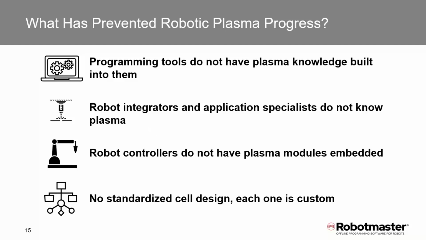When you bring the controller up, you can easily find a module for welding or polishing, yet cutting isn't there. And then lastly, because the tools aren't there, every application tends to be very custom. There isn't a standard cell design that's set up for a cutting cell.